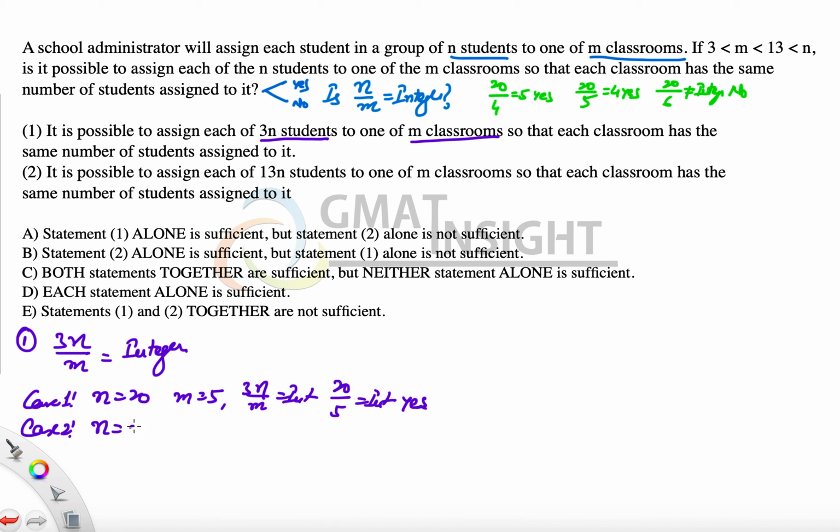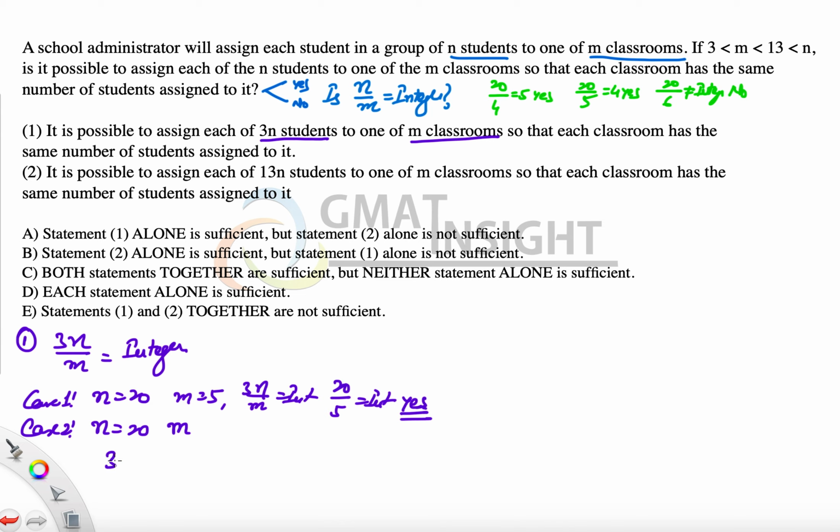Since I want to bring in the answer no, I would like to take values of n and m such that 3n is divisible by m, but n is not divisible by m. That means I want to keep the highest common factor of n and m greater than 1, but still ensure that 3n is divisible by m.